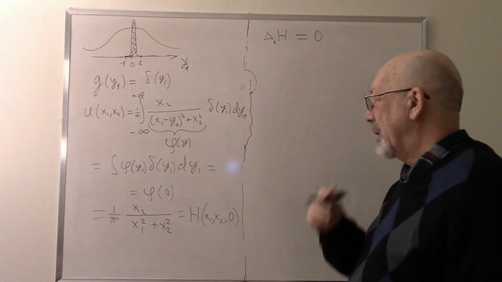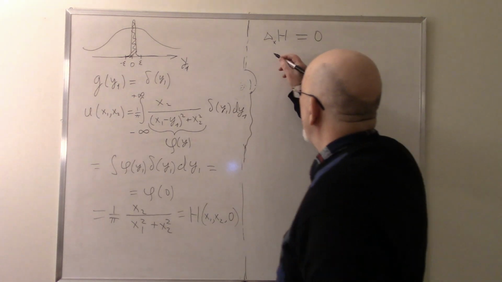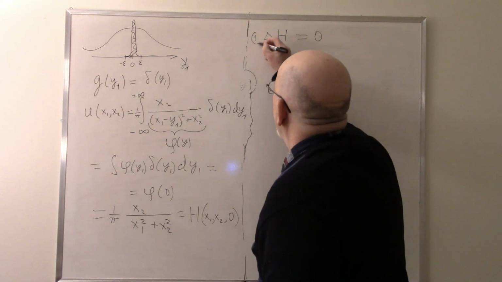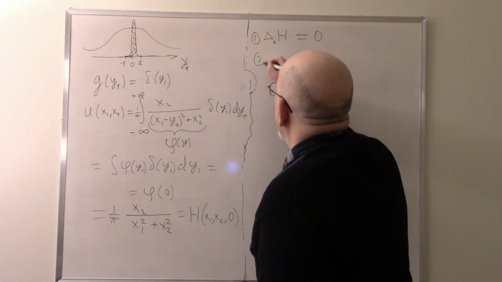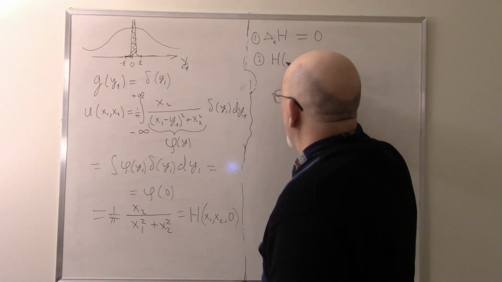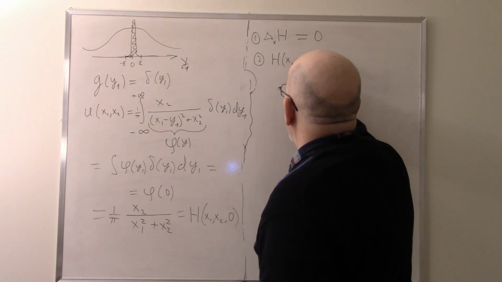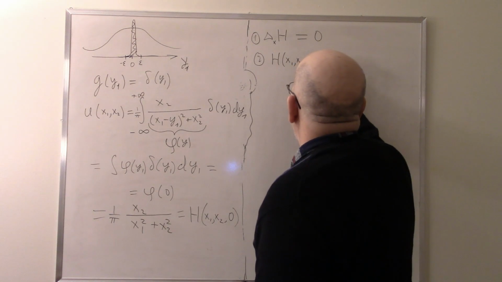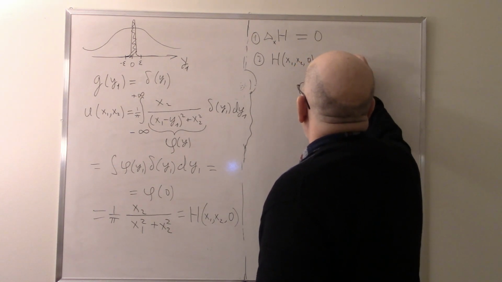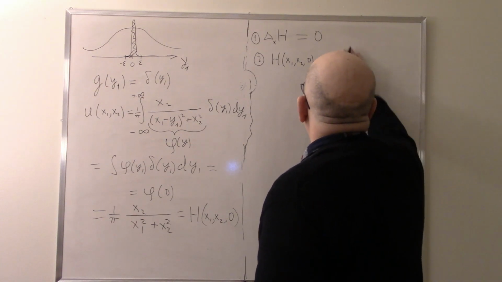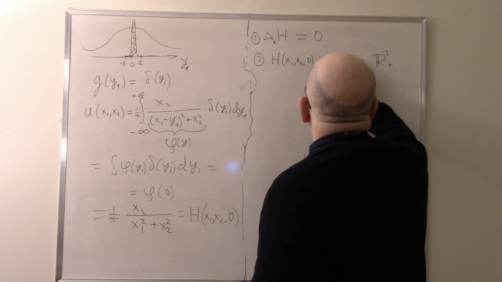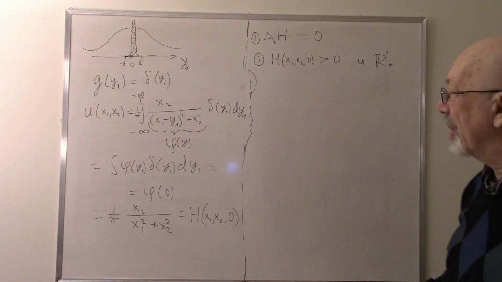It is an important point. So definitely the function h of x1, x2, 0 is everywhere positive in R2 plus. It is a positive function.